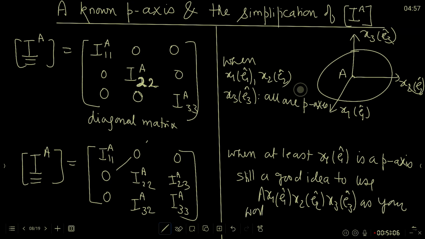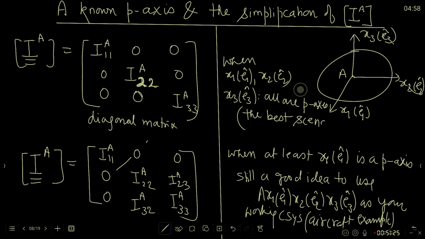As your working coordinate system, I am talking about the aircraft example. As an aerospace engineer, I would like to work with this coordinate system. And this is definitely the best case scenario, the best scenario for any analysis, because only 3 diagonal components are non-zero, the rest are zero.